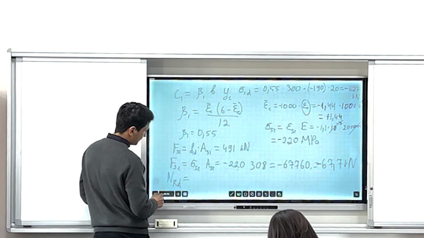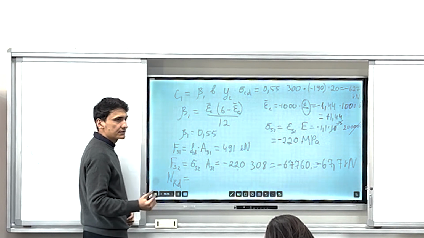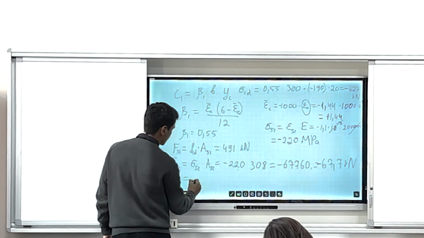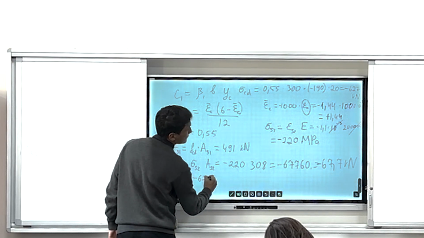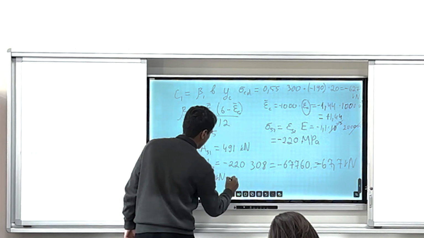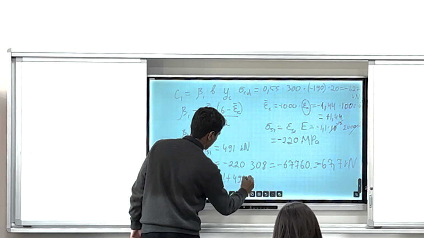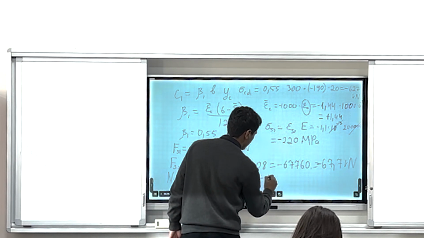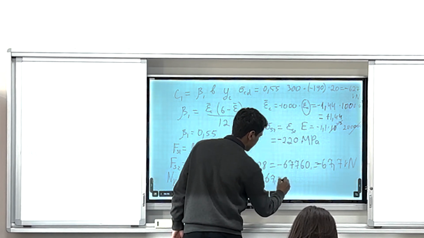Resisting RD, D is design, resisting design axial force. So now it will be the sum of three forces, which is minus 627 kilonewtons plus FS1, which is 491, plus, but we have minus, that's why minus 67.7 kilonewtons.